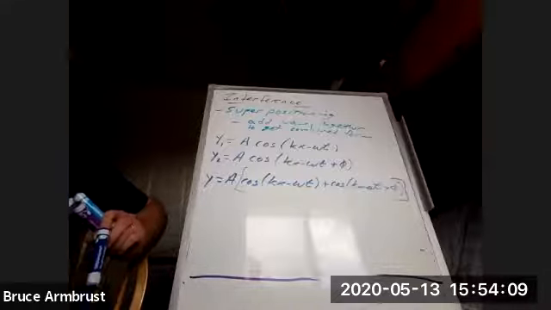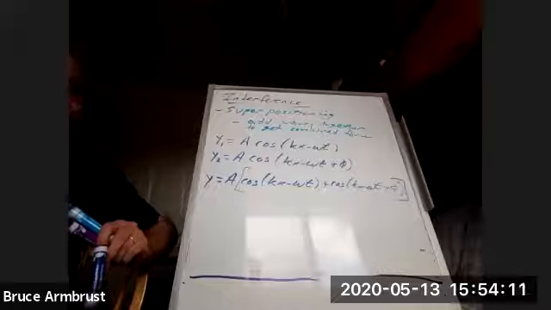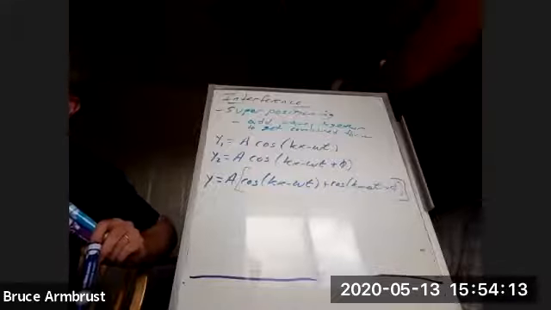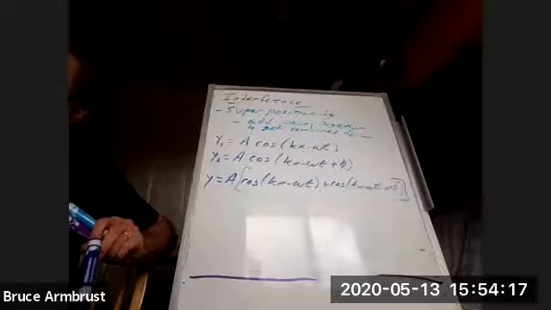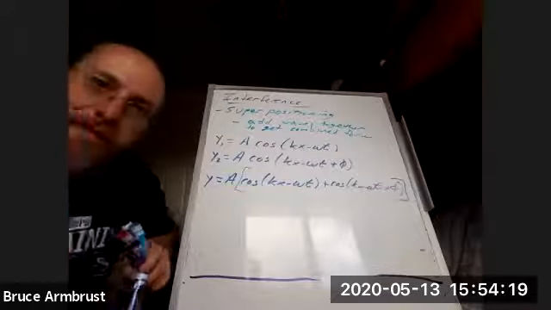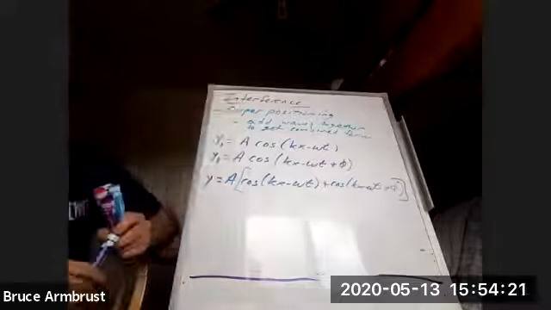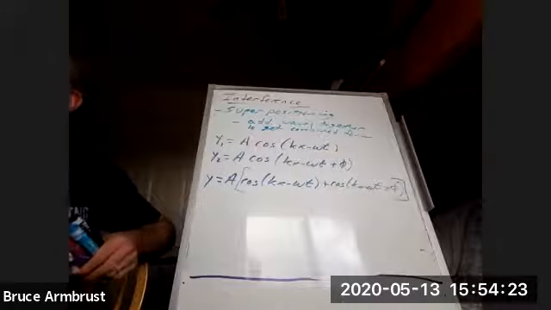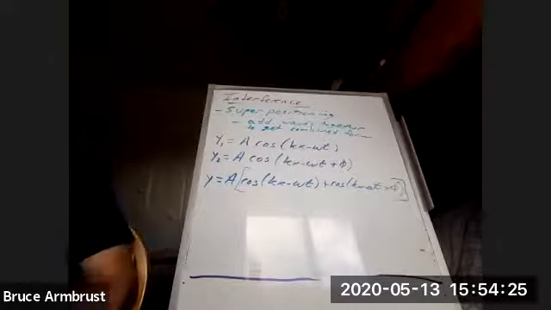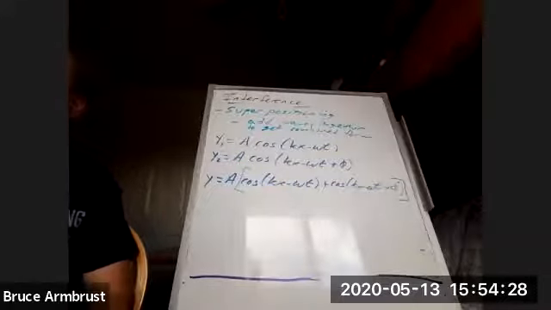But this is where we bring our trig back. Who'd have thought that trig would be useful here as well? I would have thought that. All right, so we have all kinds of identities. And one of them is called the sum to product identity.